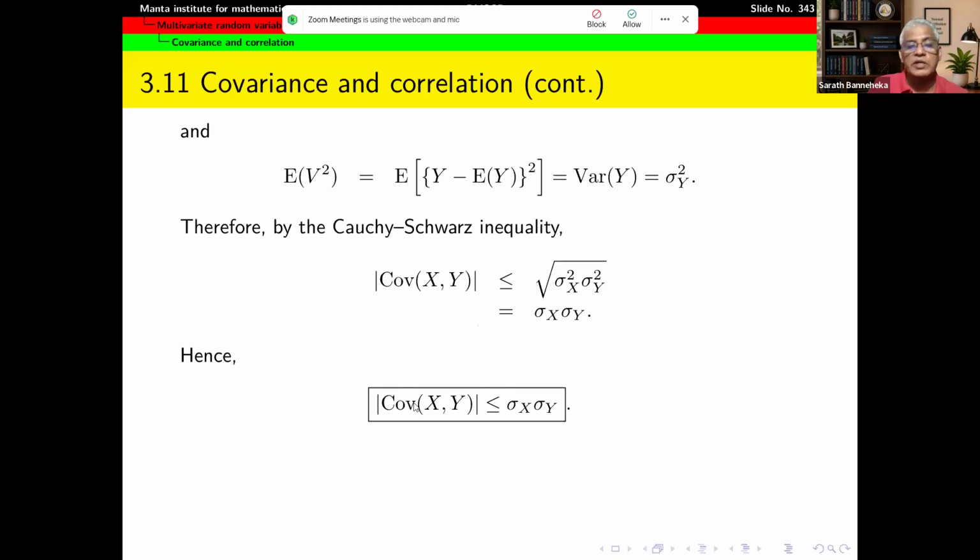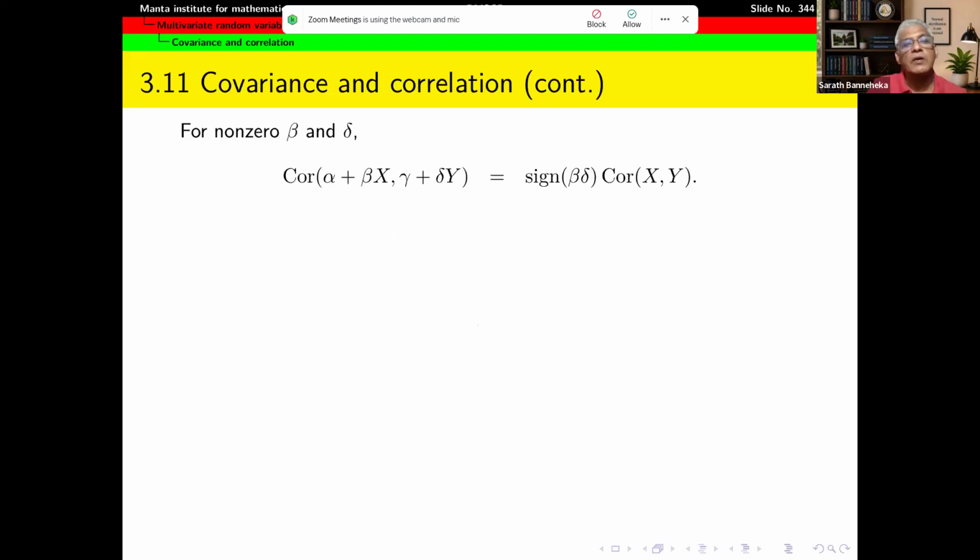And then if you divide by that, you will see the correlation is between -1 and +1.